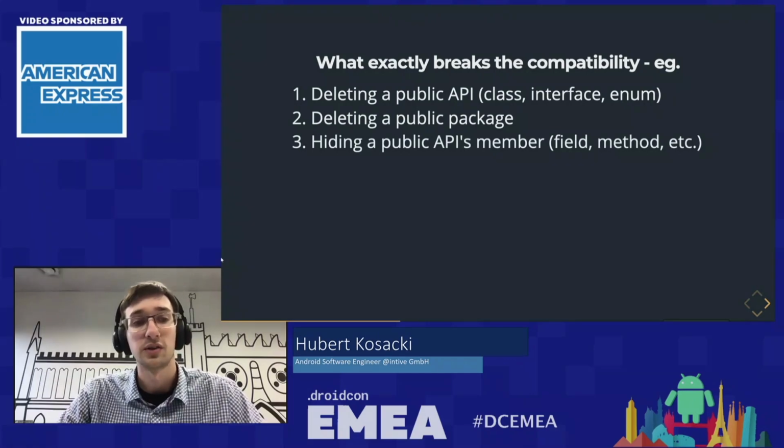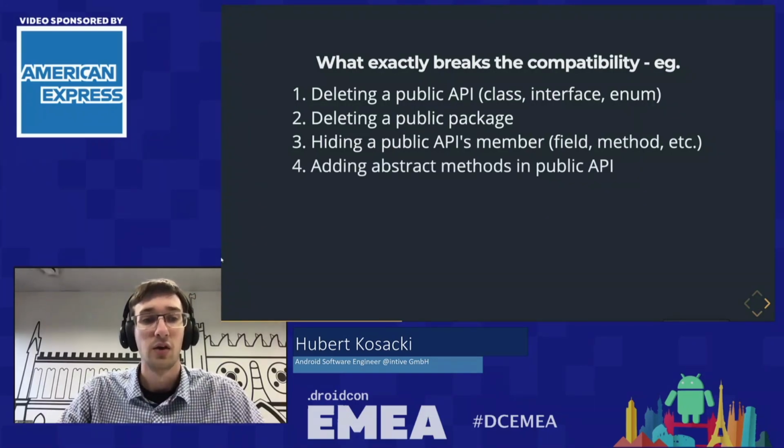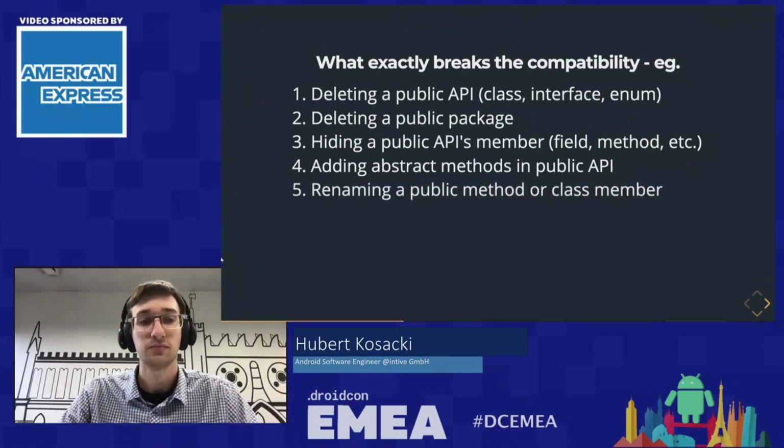If we hide a public API's member, just like a field or method, the reference to it will also no longer be reachable. It will also fail. Also, if we make one of the classes in our public API abstract, this will result in implementers not implementing this method, and this will cause issues in our runtime.